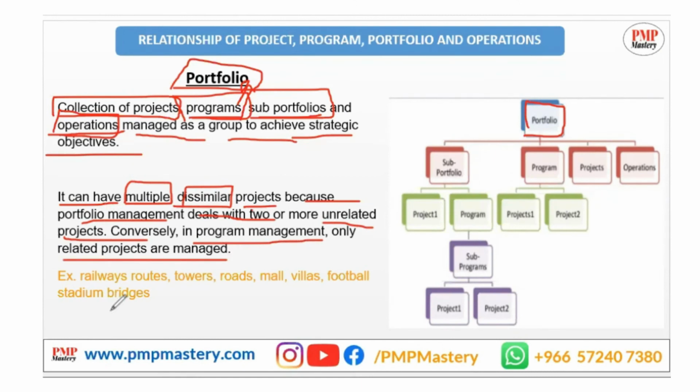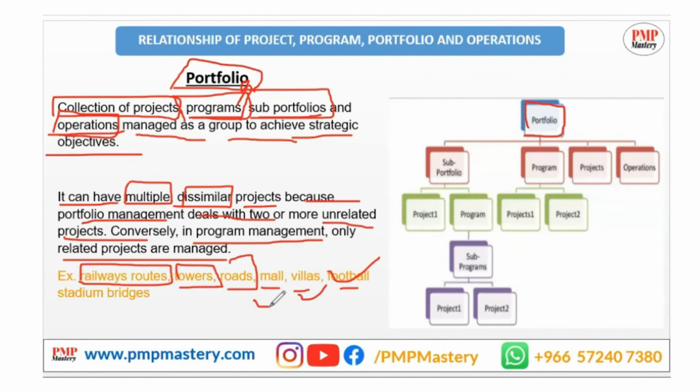Now, here in the routes, towns, roads, mall, villas, can you relate those projects? These are all projects, right? These are one project, these are another. Are these projects related to each other? No, not related.